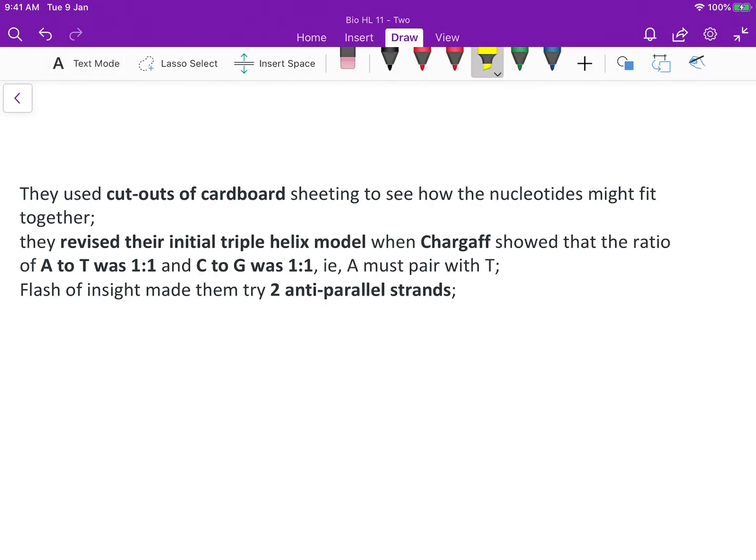So quick summary, they used cutouts of cardboard sheeting to see how nucleotides might fit together. Initially they had an idea that it was going to be a triple helix model, but they revised it when Chargaff showed that the ratio of A to T was 1:1 and C to G was 1:1. Therefore the adenine must pair with the thymine. And in a flash of insight, they tried two anti-parallel strands, with one running one way and one running the other.